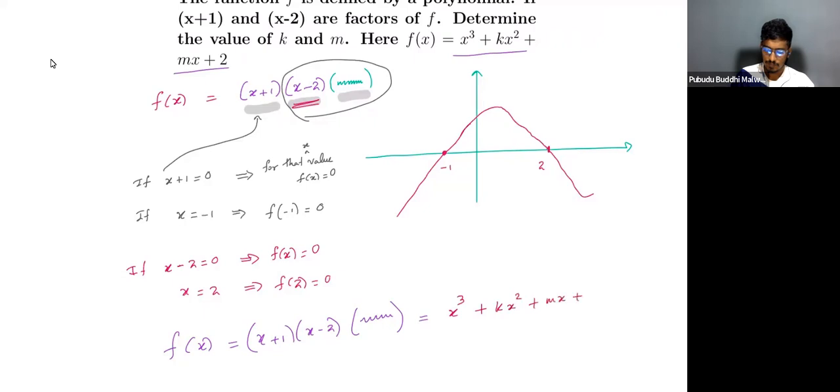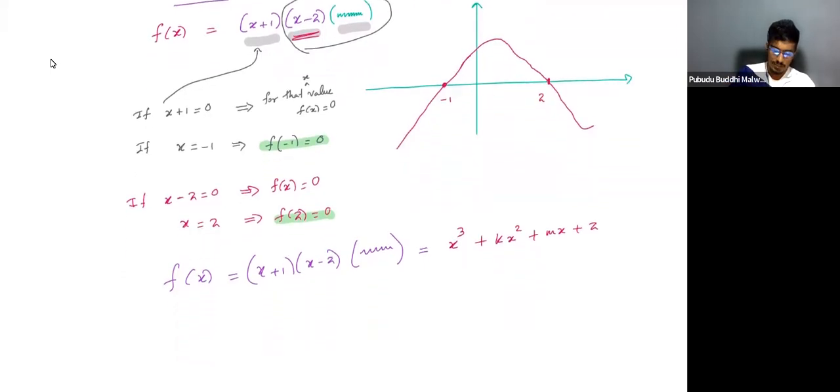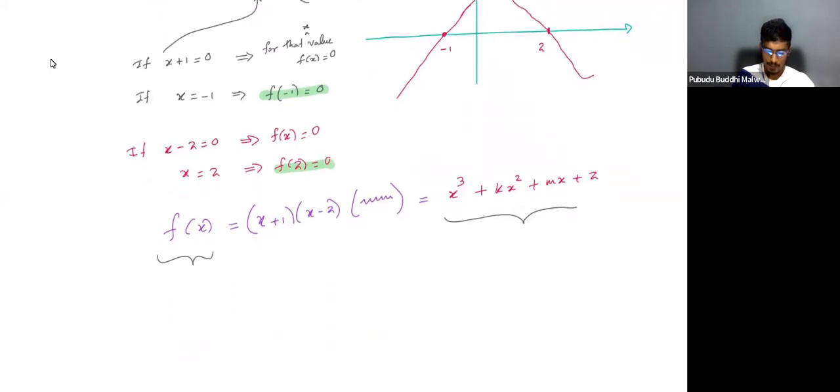Now we can use these ideas, f of minus 1 equals 0 and f of 2 equals 0, to compute k and m. Because that way I can build two equations, right? So initially, let's put x equals minus 1 for this equation.